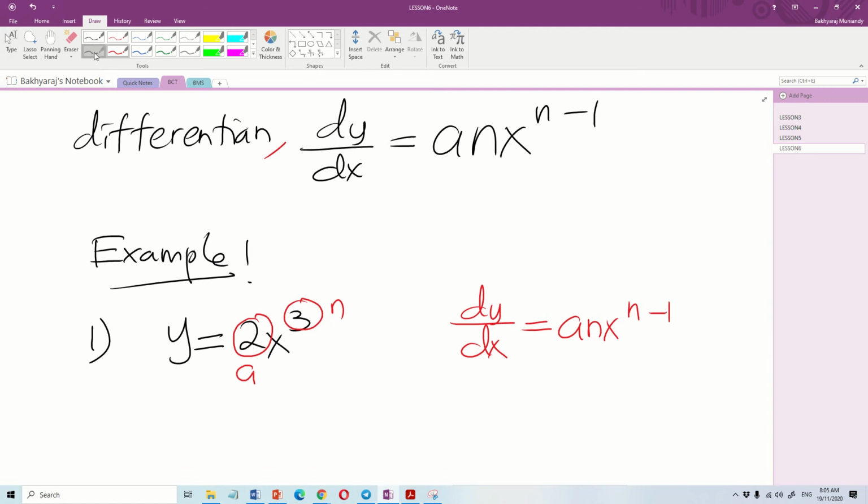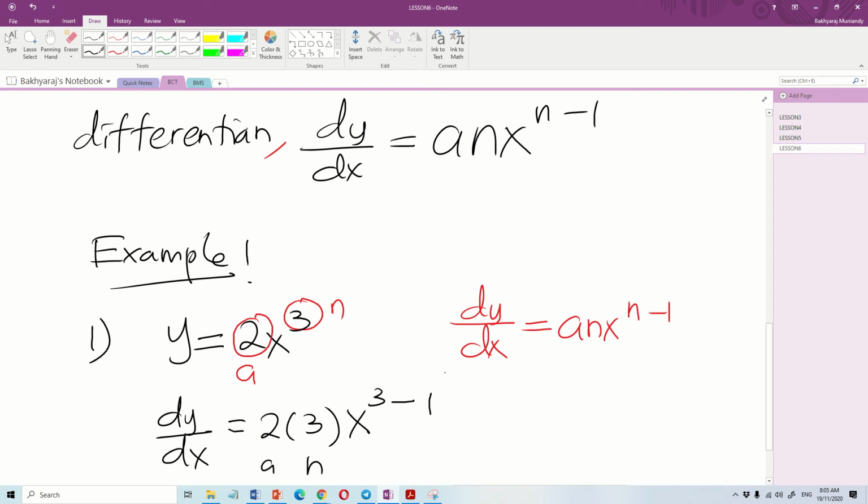So dia akan jadi 2 times 3, sebab ini a, ini n. So ini kita kali dengan x dia. Put it on the side, and then 3 minus 1.